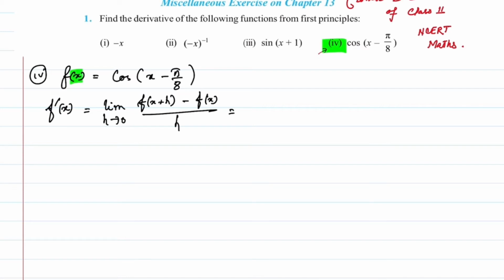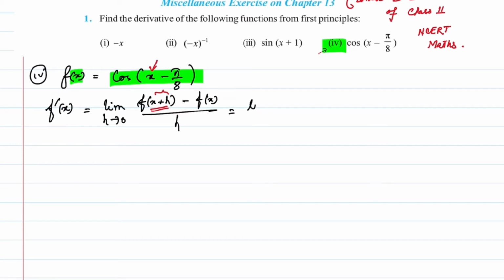Now as you can see, f of x is cos of x minus pi by 8. Then in order to find f of x plus h, just replace this x by x plus h.